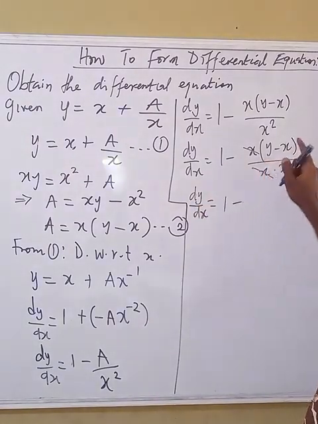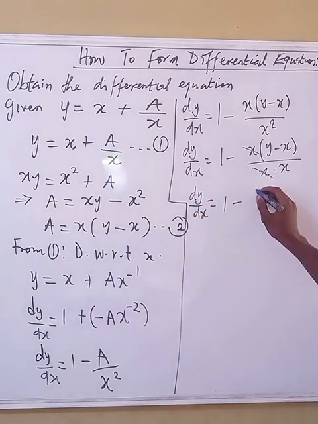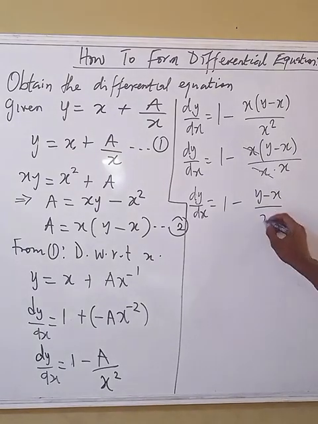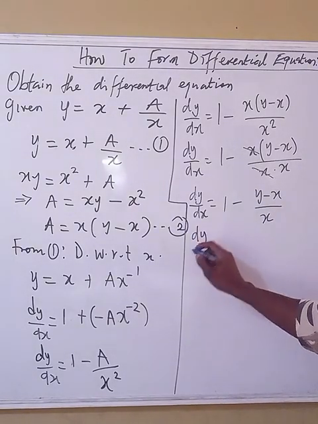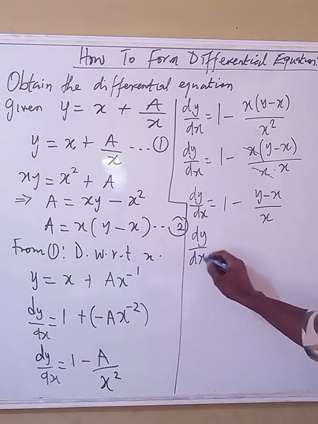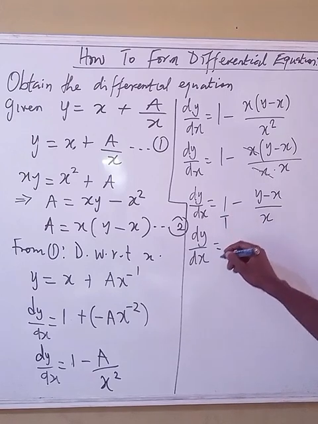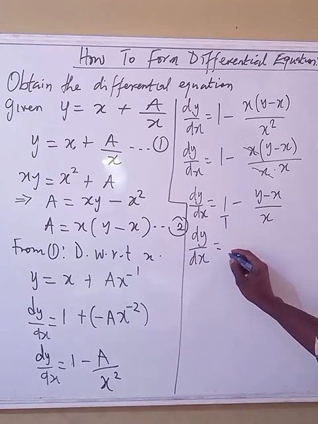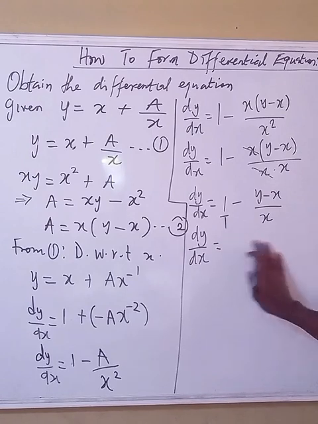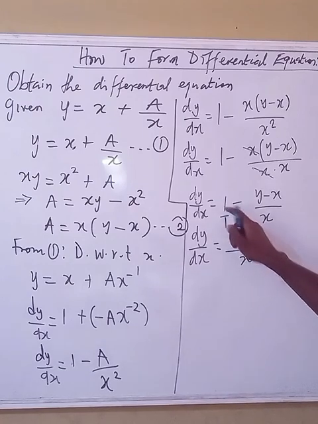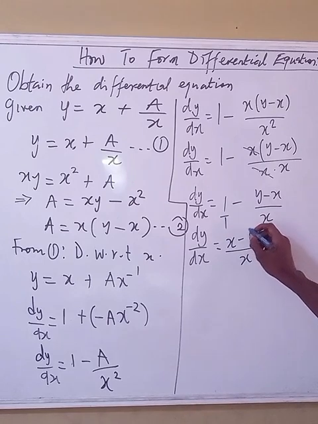y minus x over x. Now try to write this in a single fraction. We're going to write this as over 1. The LCM, multiply this and this together, we're going to have x. 1 times x, we're going to have x minus y minus x; you have to put the bracket here.